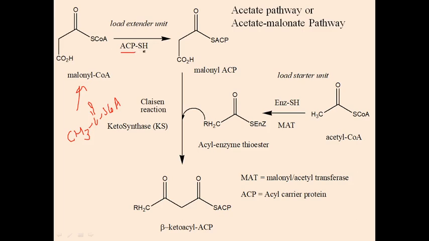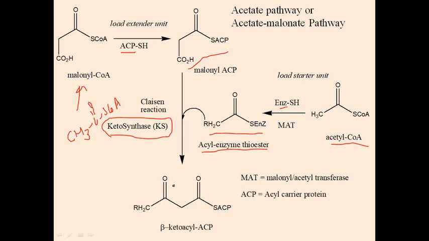Then only can it react with this acyl enzyme thioester. And here also acetyl coenzyme A will bind to the enzyme by a thioester bond, and it is called acyl enzyme thioester. Now these two will react. The reaction is like Claisen condensation, and the enzyme which carries out this reaction is ketosynthase. From its name it will synthesize a keto compound, and this is beta ketoacyl ACP.